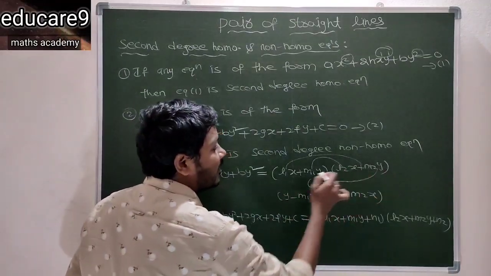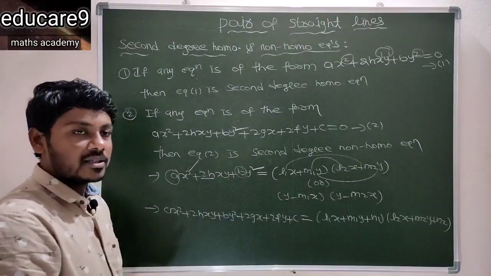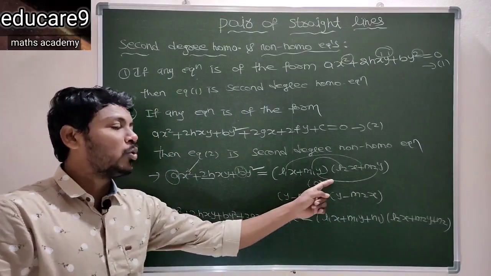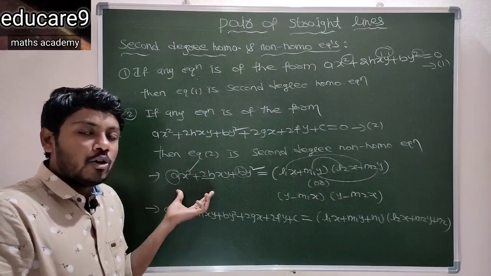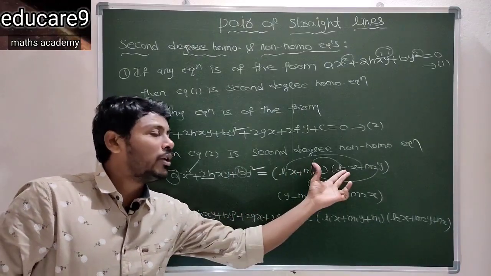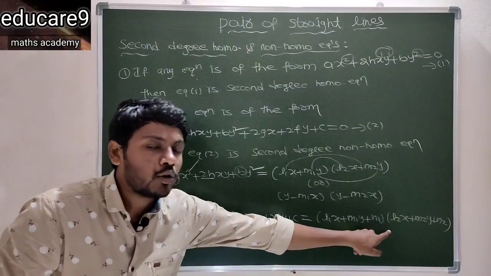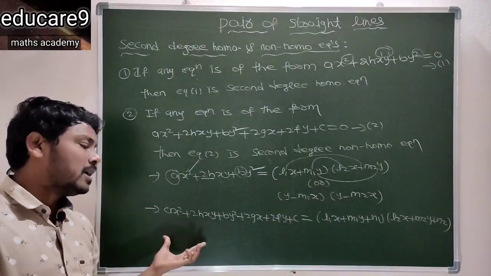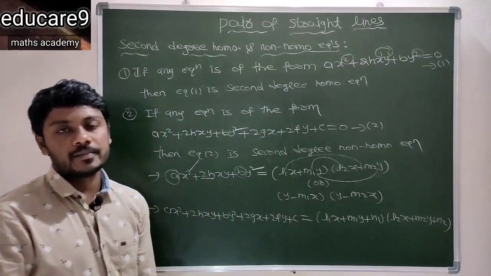Next, M1 M2 y square, that is by square. So clearly the product of two linear homogeneous equations represents a second degree homogeneous equation, and a second degree homogeneous equation represents the product of two linear homogeneous equations. Here the product of two non-homogeneous linear equations represents a second degree non-homogeneous equation.